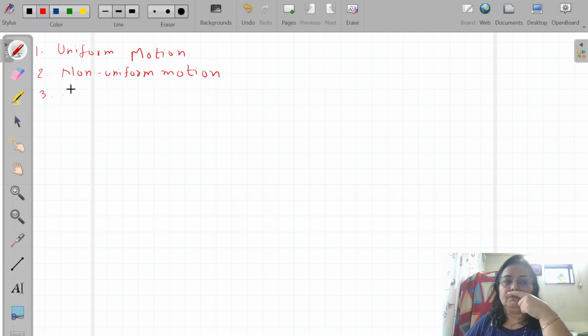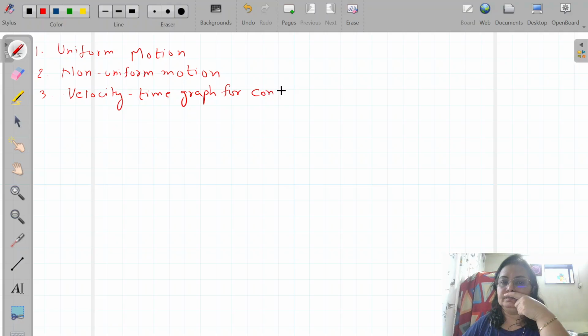Thirdly, we are going to cover the velocity time graph for constant velocity.